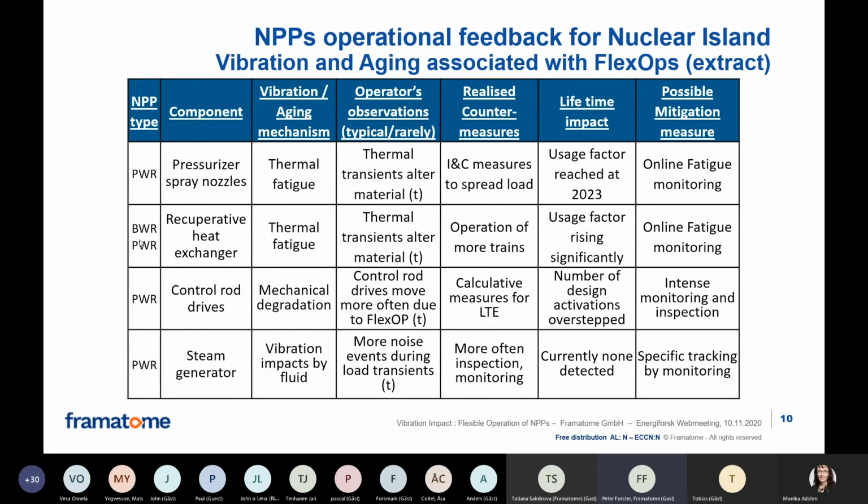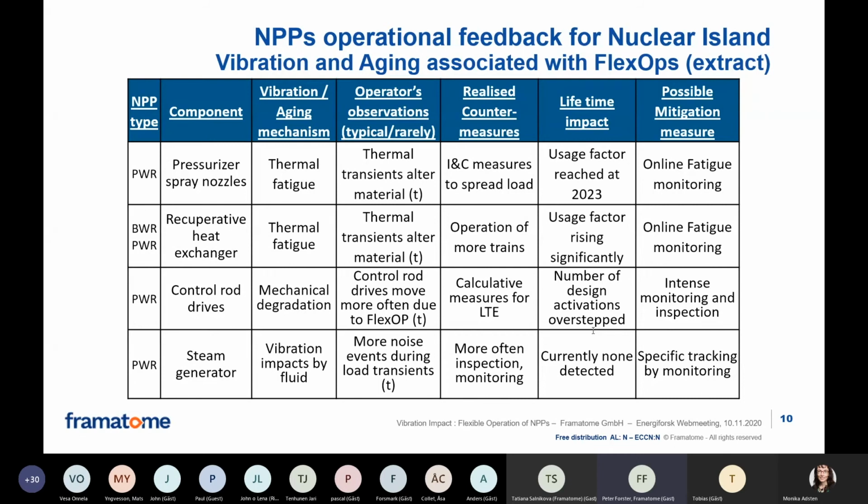The operators observe that thermal transients alter this material, and the realized countermeasures in the fifth column were that I&C measures were implemented to spread the transient temperature loads on these nozzles. That means the fleeting nozzles were spread to others to decrease this thermal load.